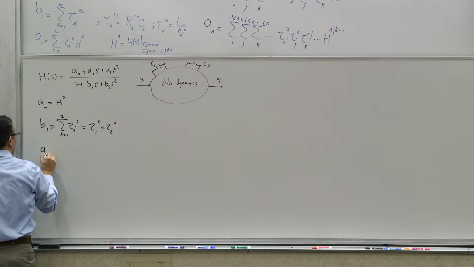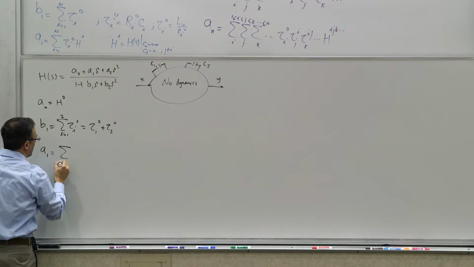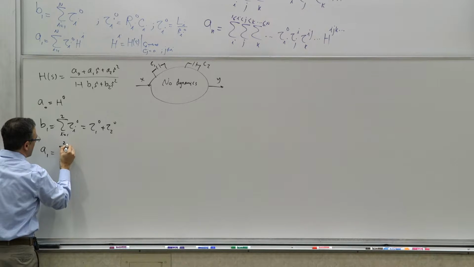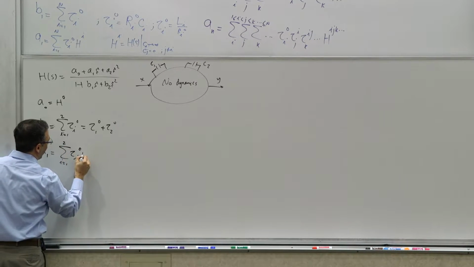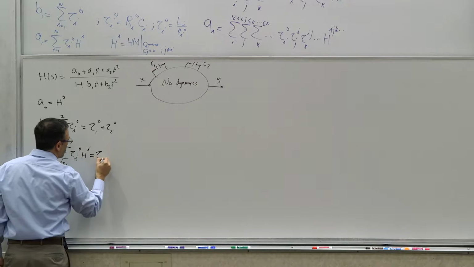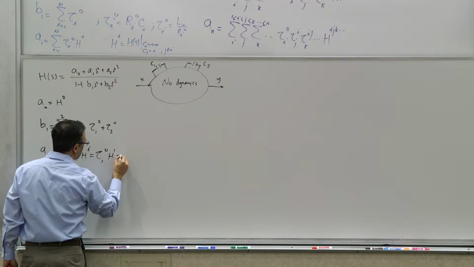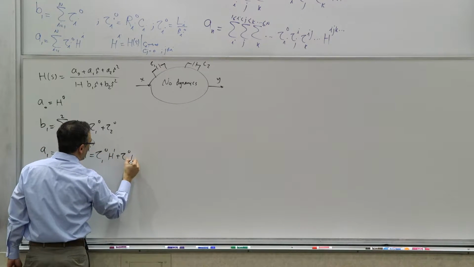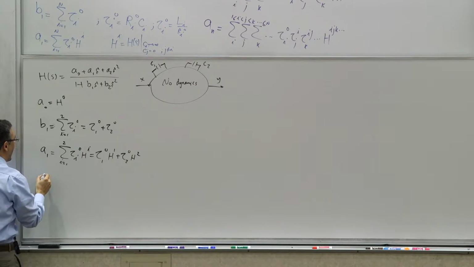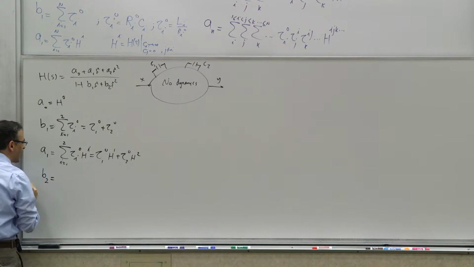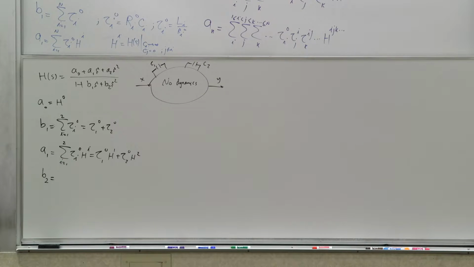Now, a1 is going to be the sum of tau i0 Hi, which becomes tau 10 H1 plus tau 20 H2. And b2 is a new one now. Let's write those sums explicitly and see what it reduces to.